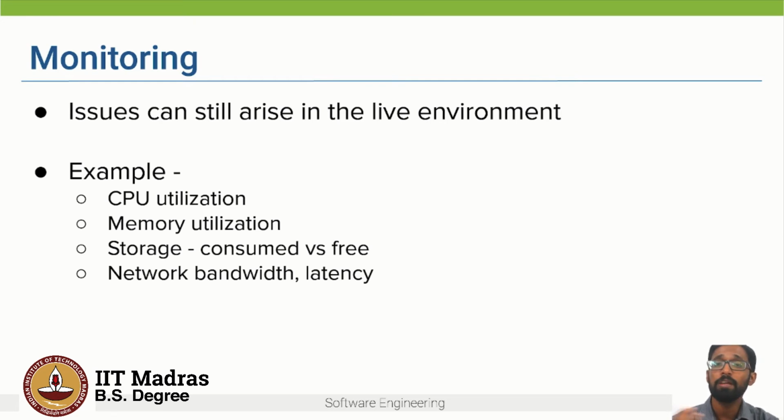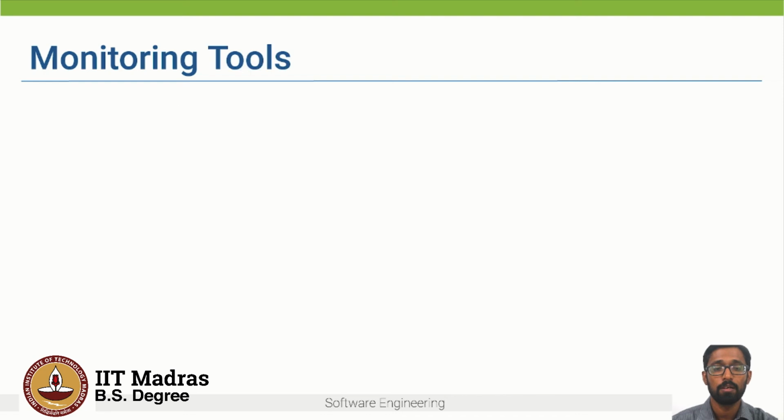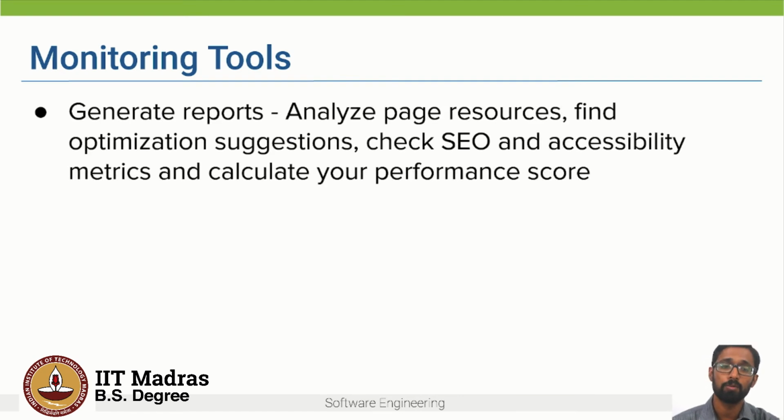So how can we monitor our applications, right? There are various monitoring tools. One simple type of tool is reporting tools, right? So what do reporting tools do? They generate reports. There are tools which, if you provide a URL to them, analyze the page resources and provide suggestions, right?